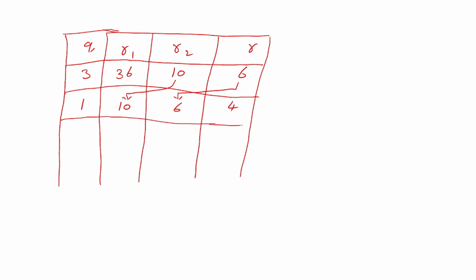Okay, and next 6, 4, 4 ones are 4 and the remainder is 2. Next 4, 2, 2 twos are 4 and the remainder is 0.